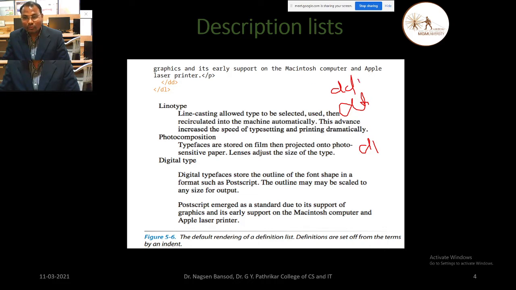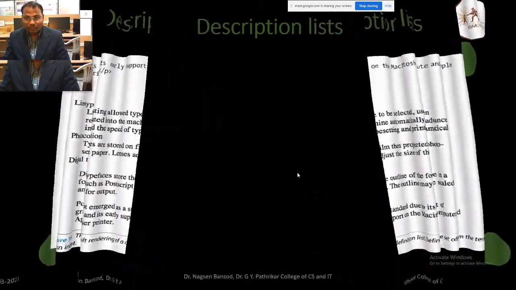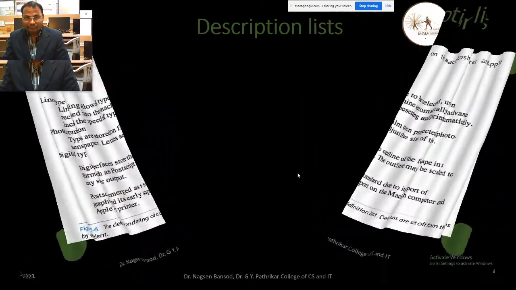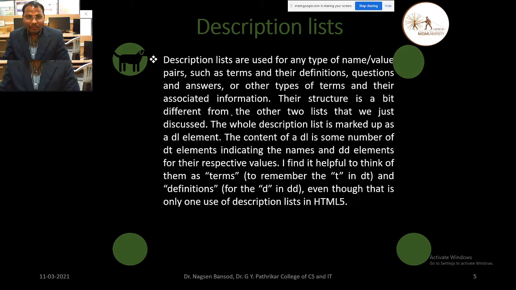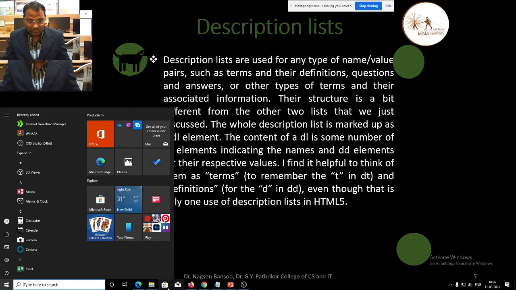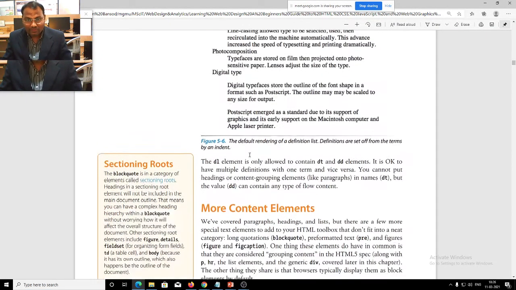Then we should know this is the description definition, description term, and description list. Description lists are used to type name-value pairs such as terms and their definitions. So we will find out practically whether it works or not.